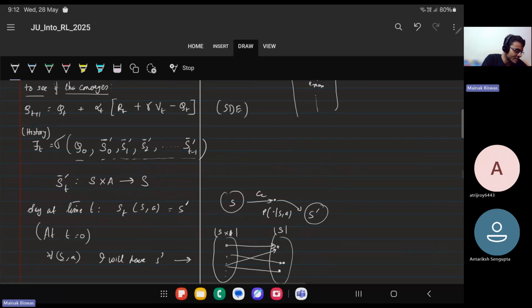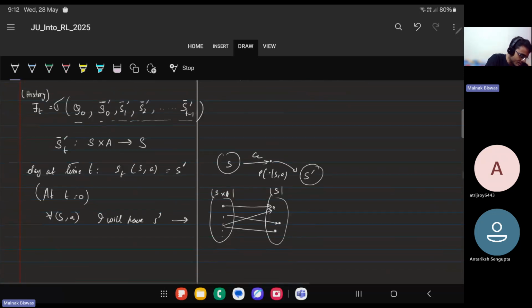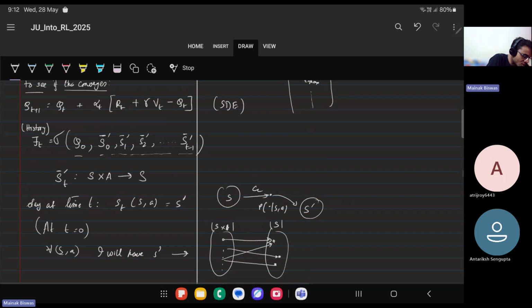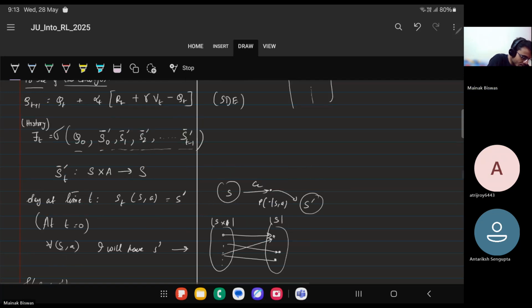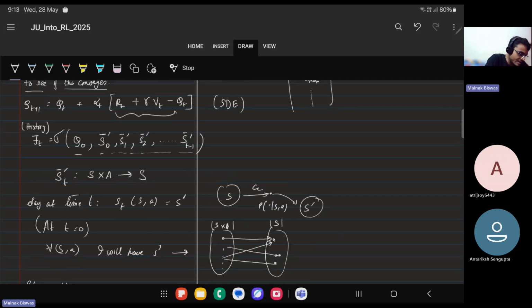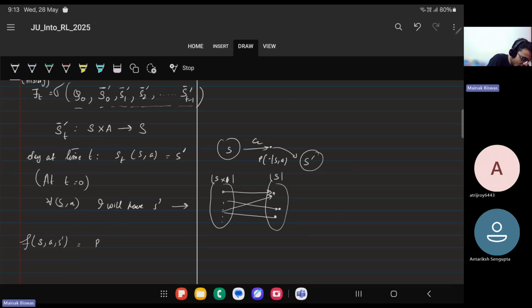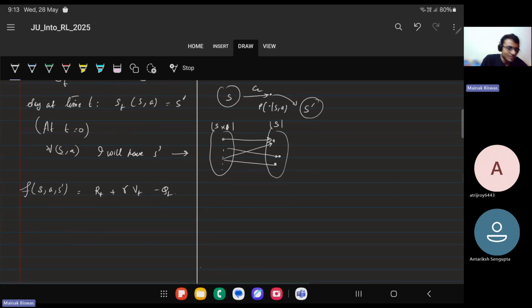That's what I do. Okay. So if I do that, why did I take all this hassle? So this is the reason. As you were telling me, let us write this term as f of s, a, s dash. This term is f(s, a, s dash) = r_t + gamma times V_t minus Q_t. What will I do now? I will replace this term.